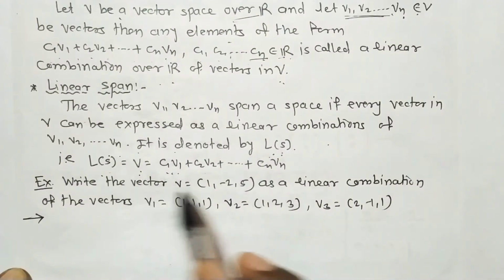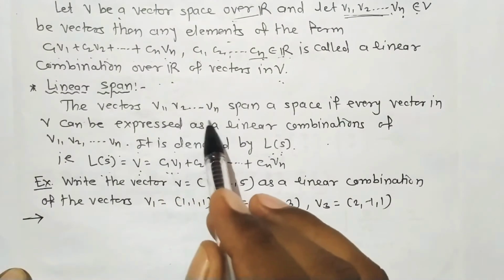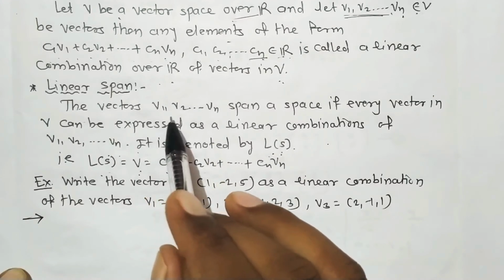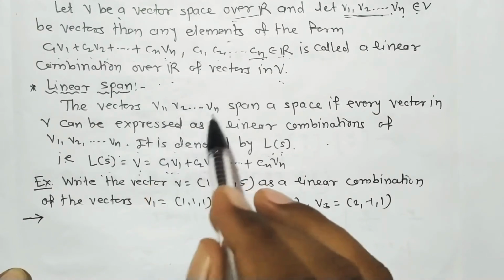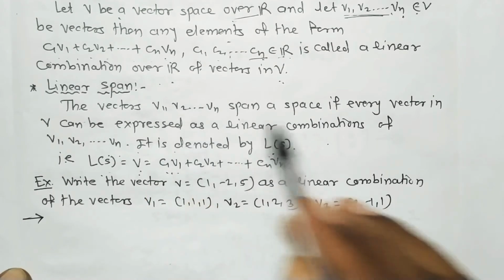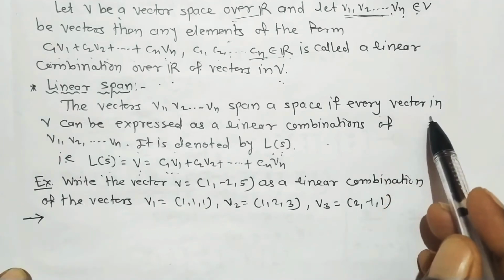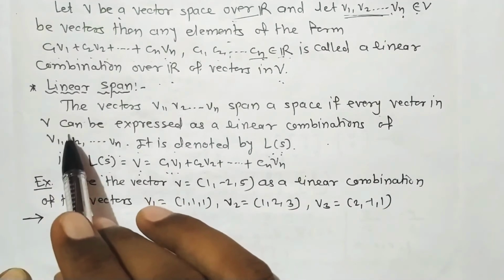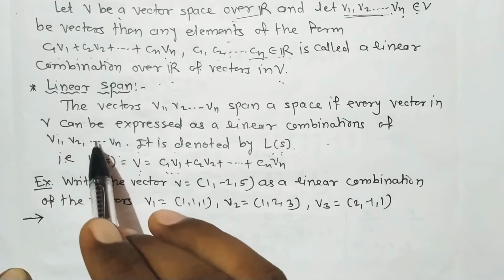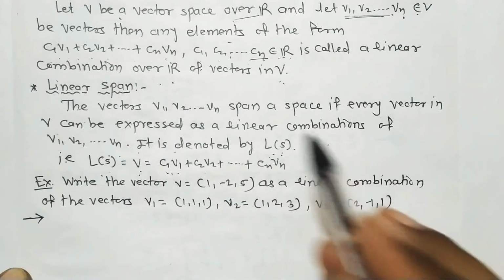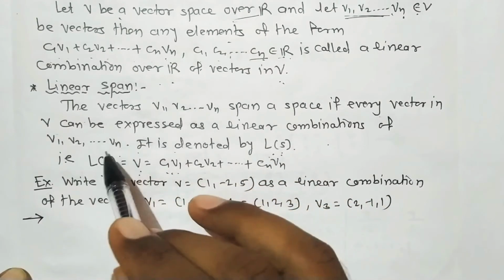So what is the meaning of this? V1 to Vn are the n vectors, and if every vector in V can be expressed as a linear combination of V1 to Vn.